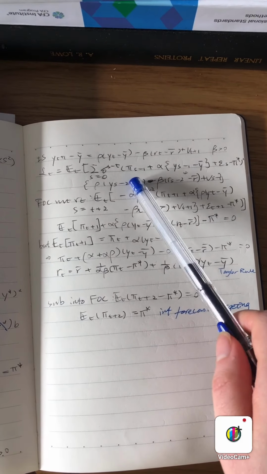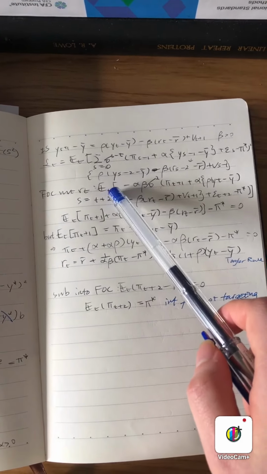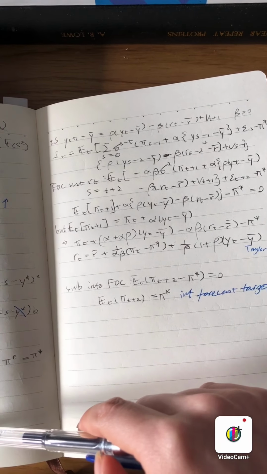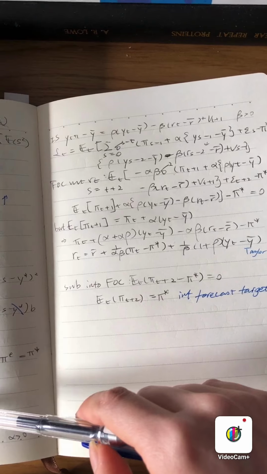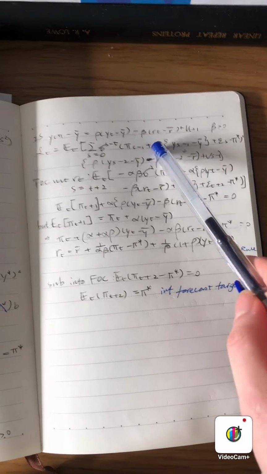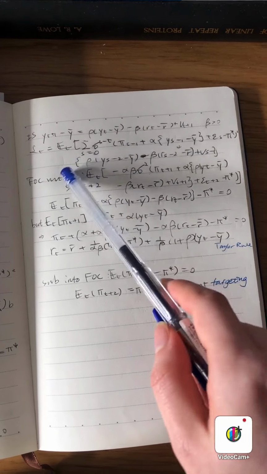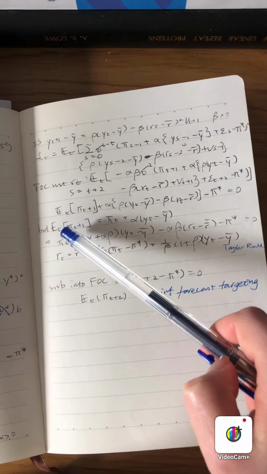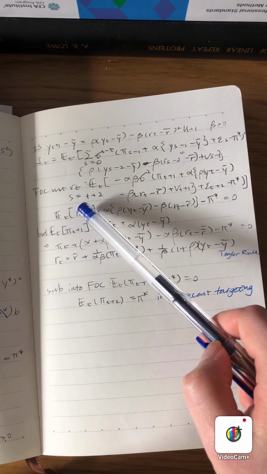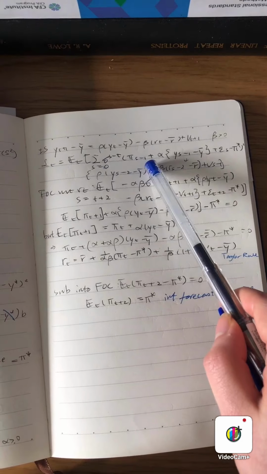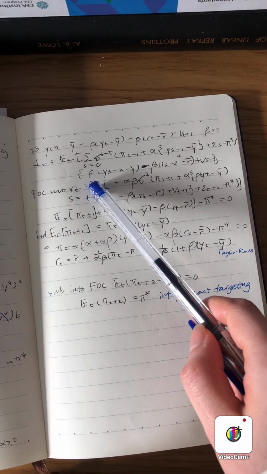So we are going to substitute for pi into the loss function, and then since pi contains y, we can substitute out y.